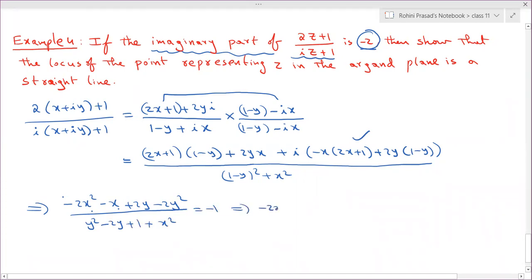So the minus 2x square minus 2y square minus x plus 2y equal to minus x square minus y square plus 2y minus 1. So bring that minus x square to this side. So this minus x square minus y square, and the 2y gets cancelled. Minus x plus 1 equal to 0.